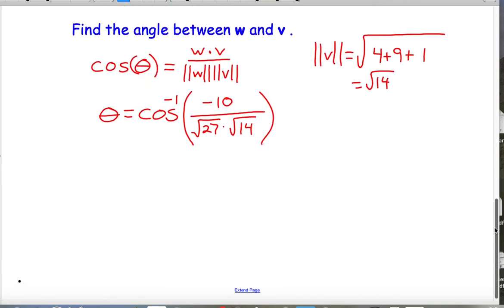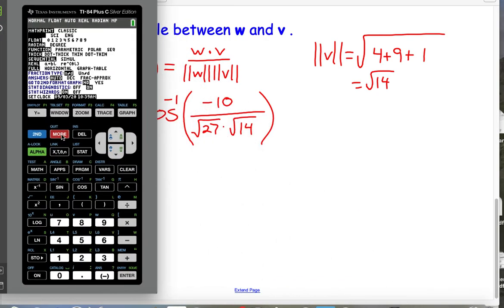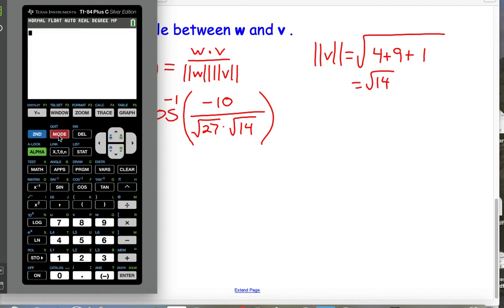And we're going to need a calculator to figure out this angle. It's not one of those special right triangle angles. So we'll grab the calculator. And let's make sure we're in degree mode. And we'll do the inverse cosine of negative 10 divided by, I'll combine these two square roots, so 27 times 14.